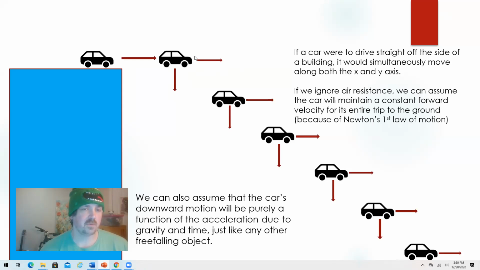In fact, if we're treating this environment as though it's a vacuum, the 38 meters per second that this car starts at is going to be exactly the velocity that it ends at as well in the horizontal axis, right? As per Newton's first law, unless a net force acts upon an object, its motion will stay its motion, its velocity will stay its velocity, whether it's 0 or 1,000,000 meters per second. It will stay that way until some sort of net force acts on it one way or another, okay?